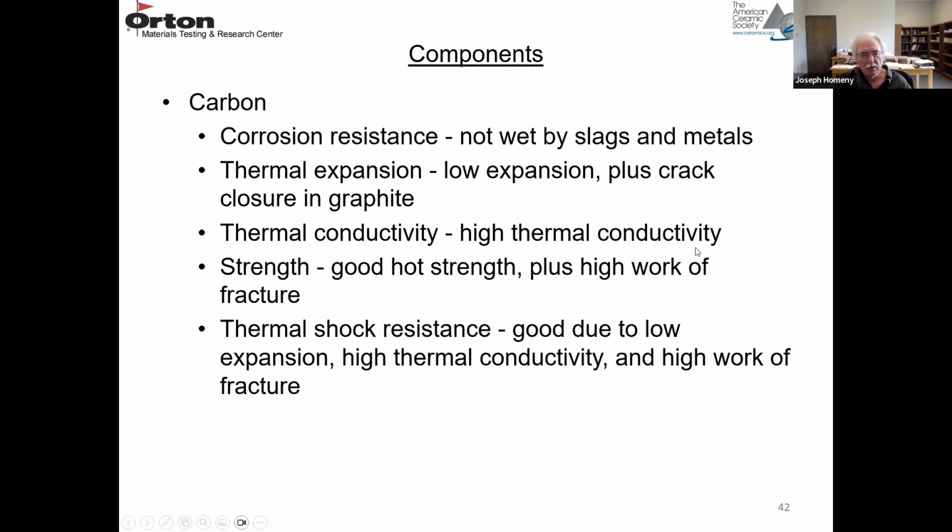The carbon has high thermal conductivity. It also has good hot strength. Because of the anisotropic behavior and the microcracks, it also has high work of fracture. So the carbon provides good thermal shock resistance because of low thermal expansion, high thermal conductivity, and the high work of fracture.